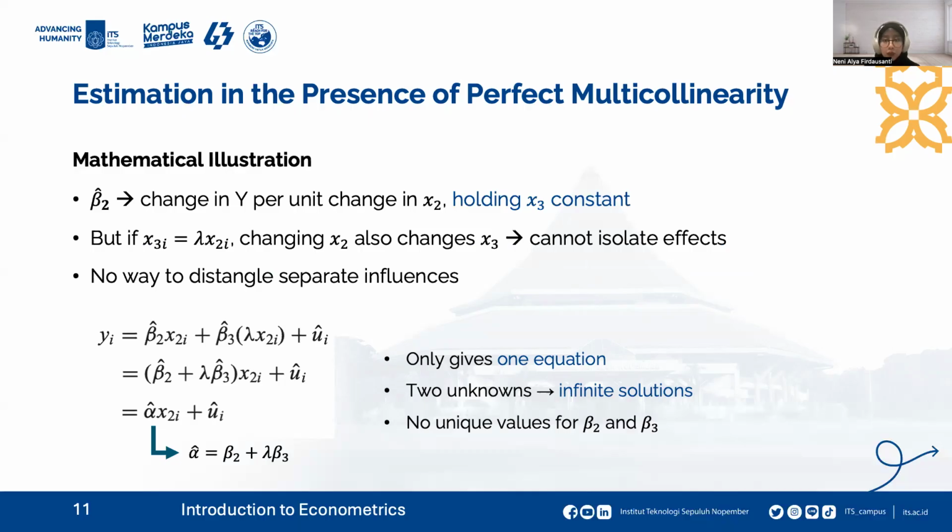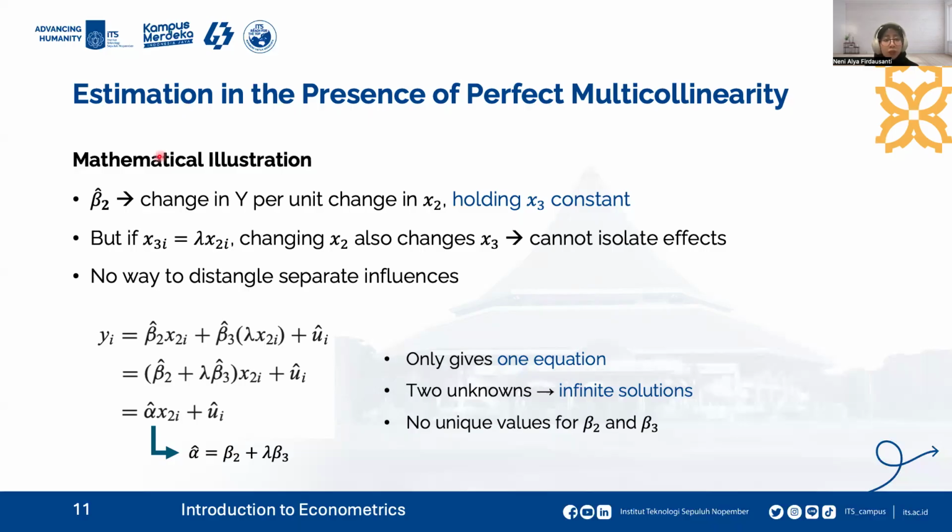Actually, especially in econometrics, we want to have the partial effect. So we want to check the effect of x2 holding x3 constant, and vice versa. We want to know the change in y per unit change in x3 holding x2 constant. So we want to estimate the partial effect. Under perfect multicollinearity, this goal will fail, because we cannot isolate or separate the effects of x2 and x3.